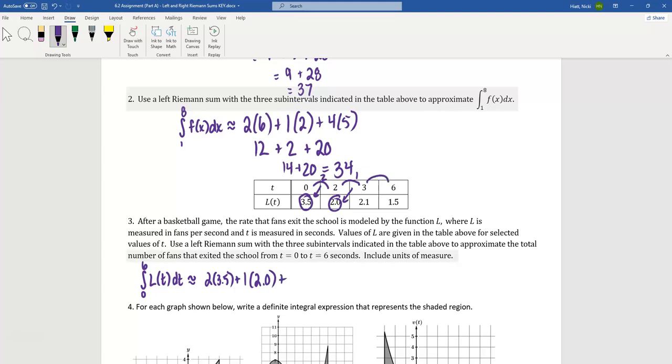And then from 3 to 6, we have 3. We'll multiply that by 2.1. Okay, so I'm just going to grab the calculator for that here quickly. We've got 15.3.